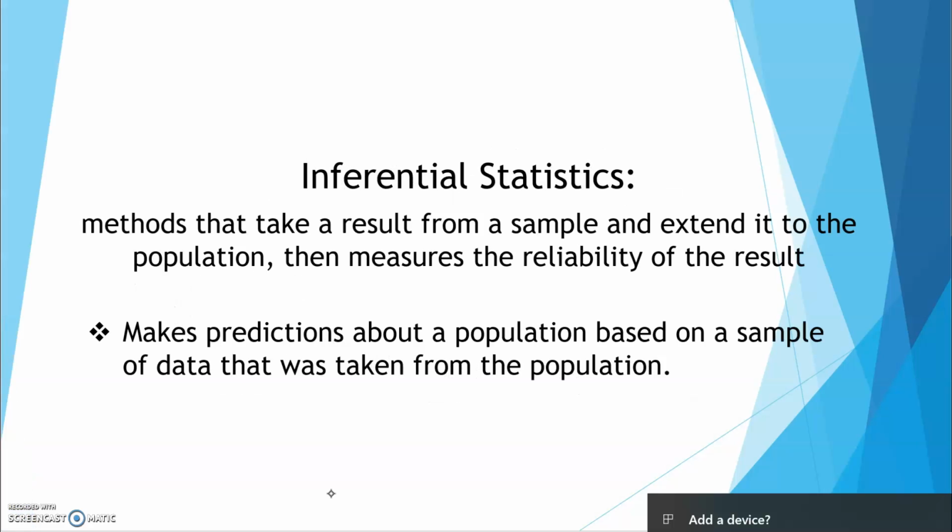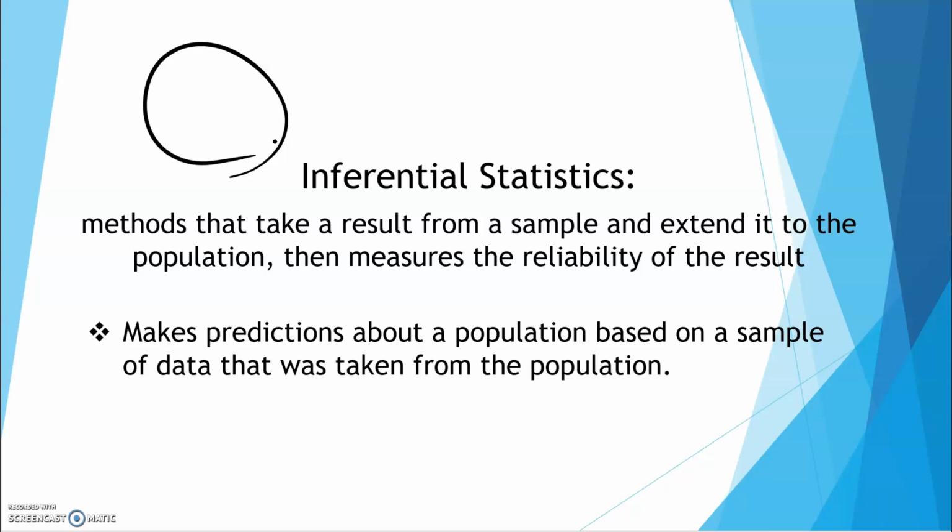Okay, the second type is inferential statistics. Now, what you're doing is you're taking something from your sample and you're applying it to the entire population, which we'll get to those definitions in a minute. So if this is my population, say I was just looking at one class, so that class would be my population.